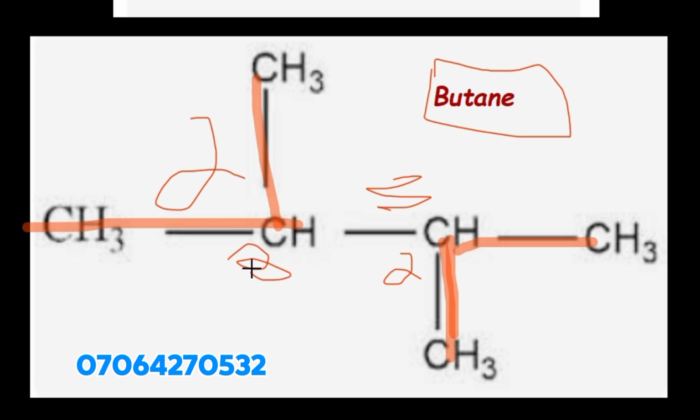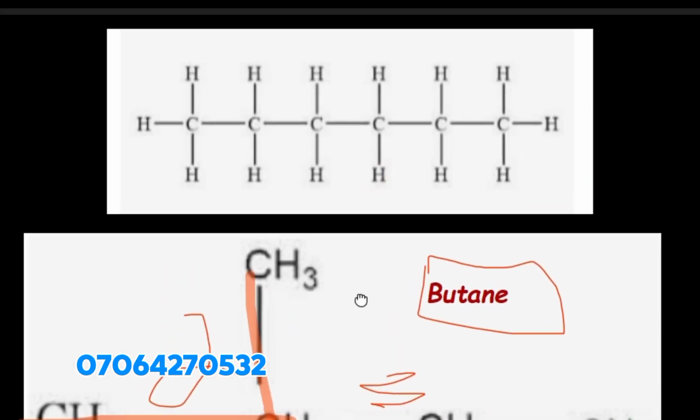2,3-dimethyl, then our parent name is butane. That is the name for this structure, 2,3-dimethyl butane. And this is another isomer of hexane, because the total number of carbon here in all is 6. And if you get the total number of hydrogen compared to the parent one, which is this, you will see that it is the same.